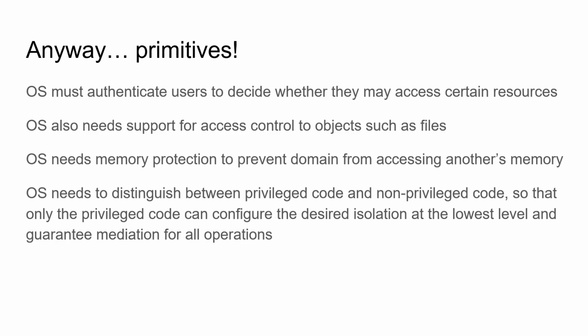We have to have protection of memory, so we should not allow one application, one security domain, to access the memory of another security domain. And we need to be able to have these rings, so there should be some code that runs at a higher privilege than other code, so that the privileged code can configure the isolation and mediation as you want, but the non-privileged code cannot change that.